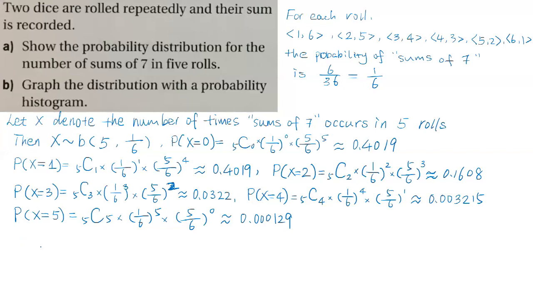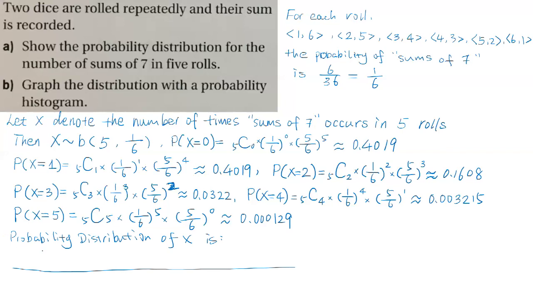All right, then the probability distribution of x is actually a table, right? Okay, x is here. So the values that x can be are 0, 1, 2, 3, 4, 5, right? And the corresponding probabilities are, okay, simply put these probability numbers here.